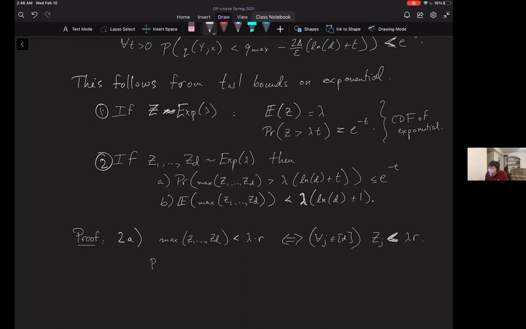And so then the probability of this happening is, by the union bound, at most d times the probability that each of the zj's is less than lambda r. They all have the same distribution, so those d probabilities are all the same. So that's by a union bound.